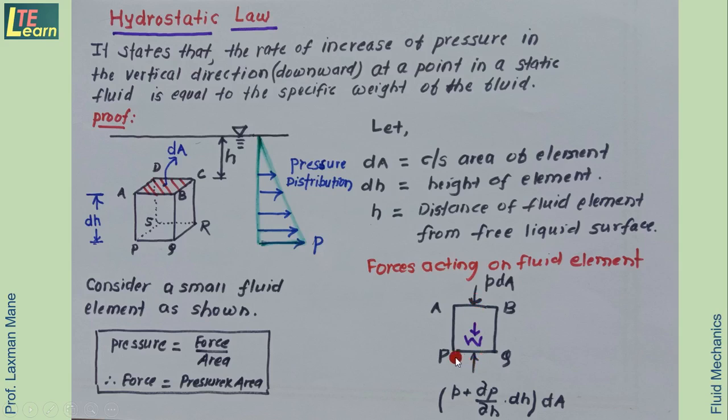At the bottom plane PQ, the force acting will be P plus delta P by delta h into dh, this pressure intensity into area dA. And the third force is the self weight of the fluid element, W, acting in the downward direction.